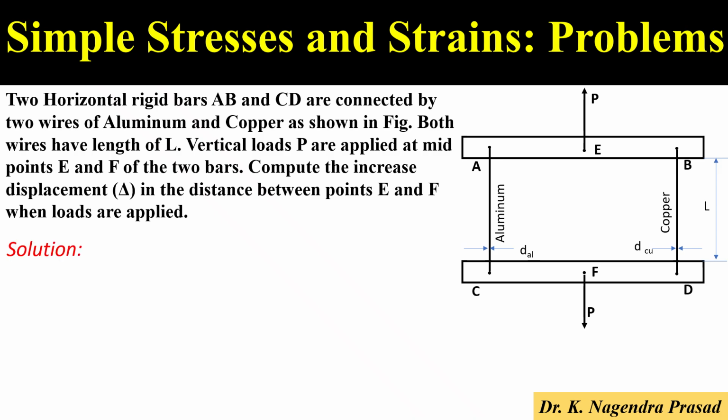Okay, let's see the solution. Let us consider suffix AL is used for the aluminium wire and suffix CU is used for the copper wire.